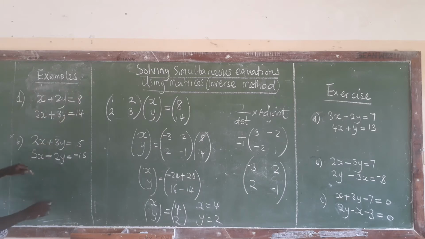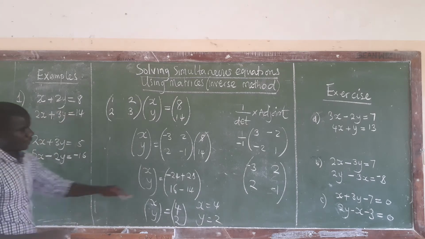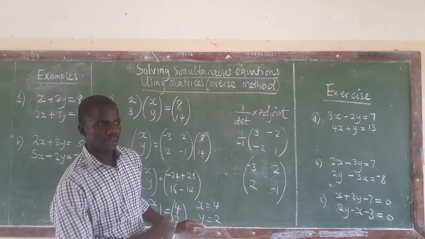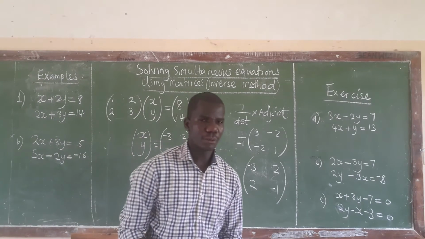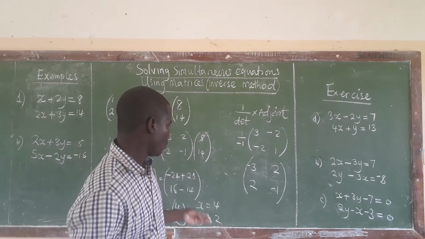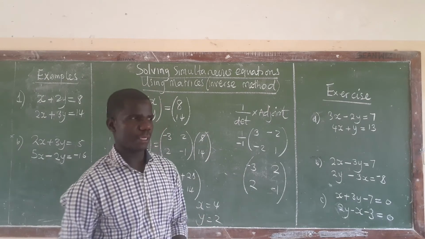So it's correct there. We come to this one. 2 multiplied by 4, it's going to be 8. This one multiplied is going to be 6. When you add them, they'll give you that one. So these are the correct values of x and y.